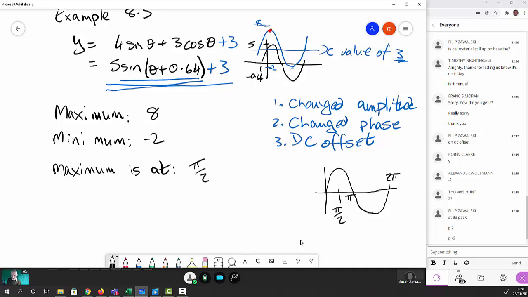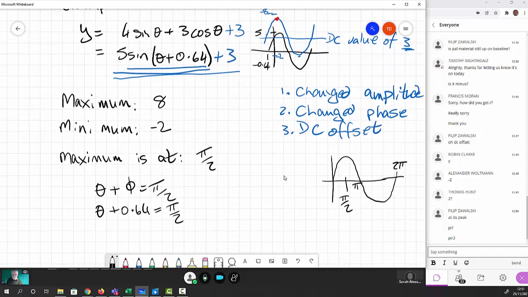So that is where theta plus phi equal pi over 2. Okay, so in this case we've got theta plus 0.64, yep, 0.64 is equal to pi over 2. Move that up a bit.